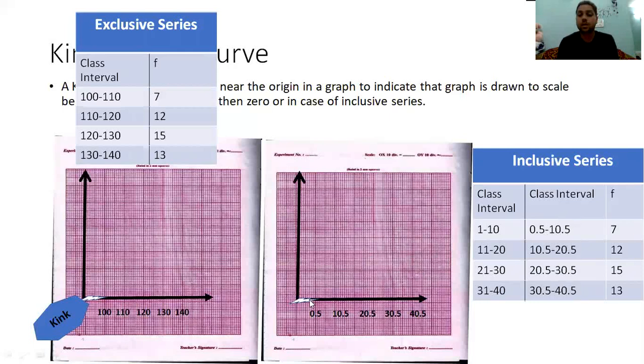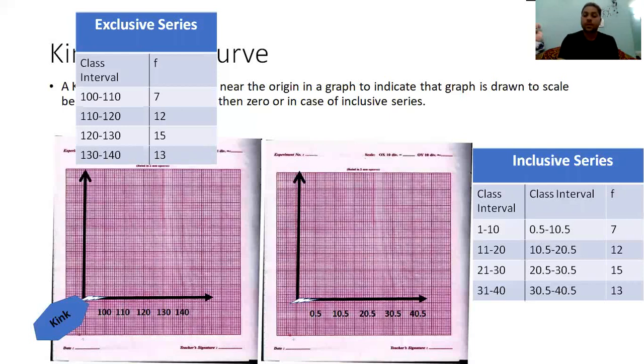Since it does not start from 0 and it is not feasible to cover the whole distance in 0.5, we begin our class interval from 0.5 and then apply the kink here, so it covers the whole distance from the origin.